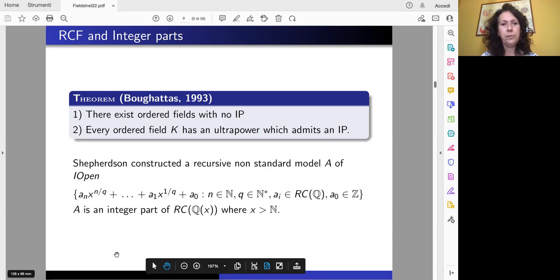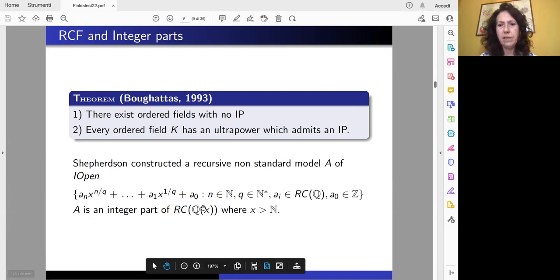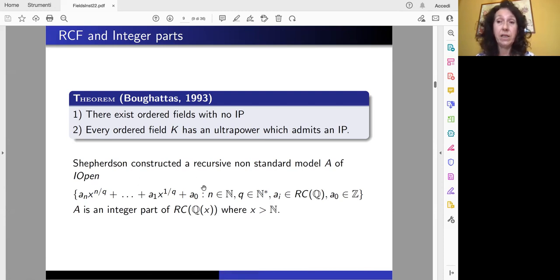A is an integer part of the real closure of the field of rational functions Q(x), where x is greater than n. Since it is an integer part of this real closed field, it is a model of IOpen, by its characterization, and it is recursive.